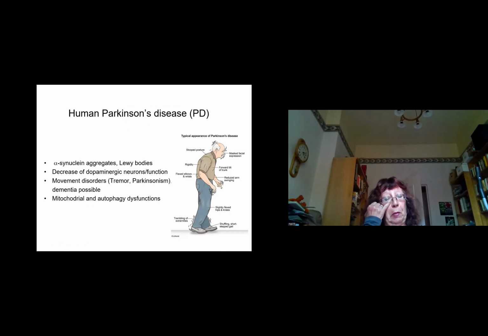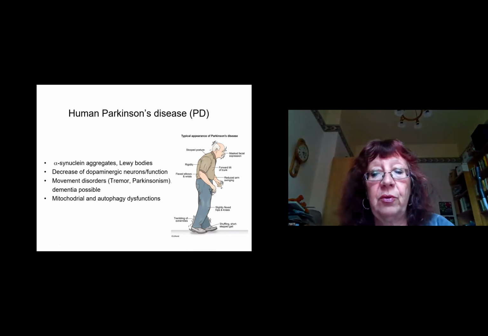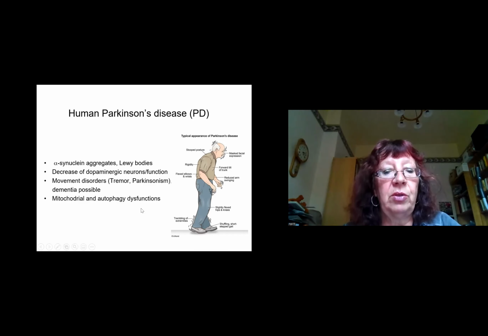To this audience, I probably don't have to explain Parkinson's disease, just to remind you that alpha-synuclein aggregates, also called Lewy bodies, accumulate in the brain. The main functional feature is a disturbance in the dopamine metabolism due to the death of dopaminergic neurons.